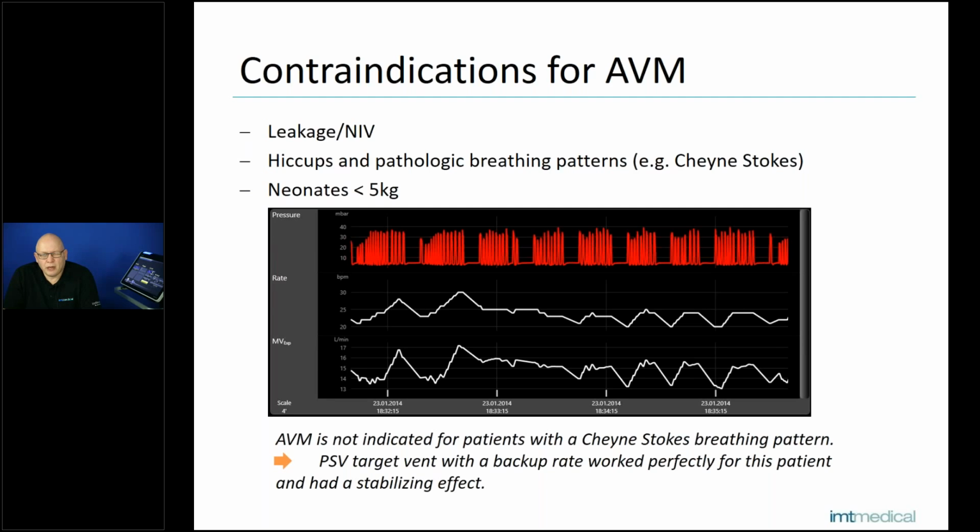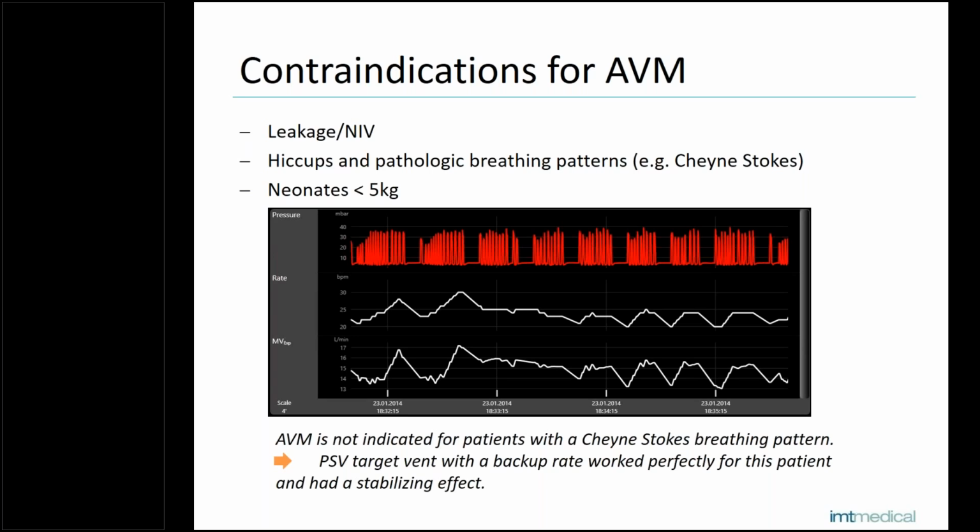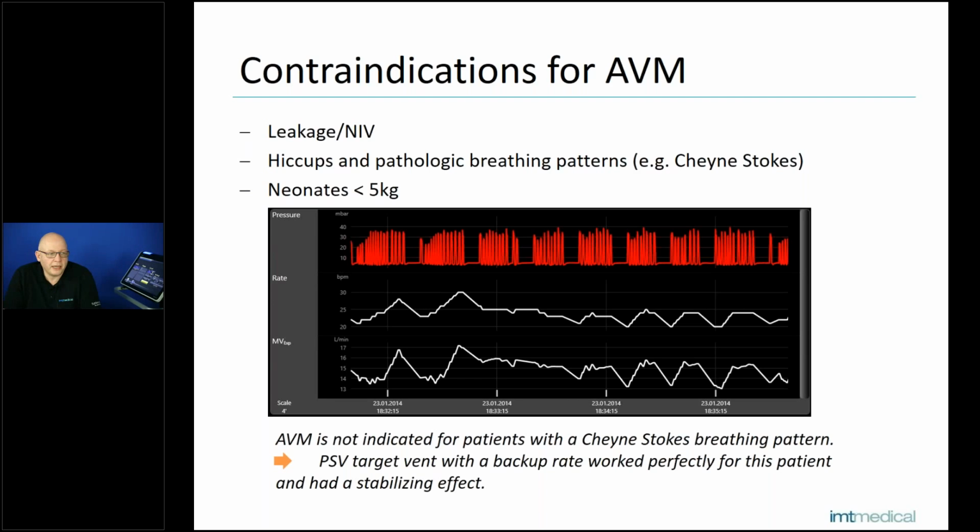Patients who have pathologic breathing patterns, as you see one right in the graph there, this is a Cheyne-Stokes breathing patient, or hiccups will be detected as triggers, and if a patient has one hiccup per minute, that's no problem, but if he's constantly having hiccups, this will confuse AVM, so all these patients are not suitable for AVM, and neonates below 5 kilos shouldn't be ventilated either.